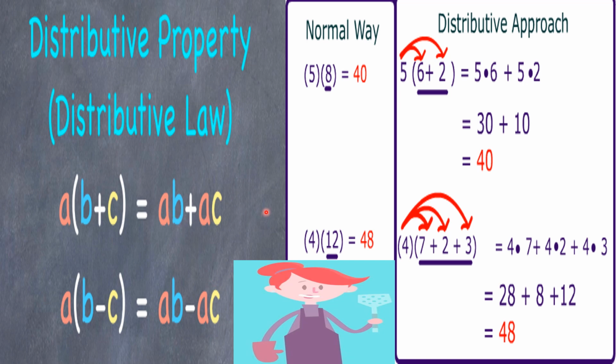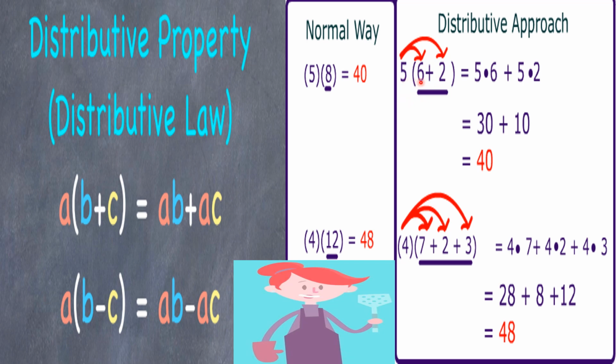Let us see this with an example. That is the normal way of representing. For example, 5 into 8 is written as 40. Now, I can represent this 8 in factor form. I can split this 8 as 6 plus 2. So my calculation becomes simpler, and this 5 is distributed to 6 and this 5 is distributed to 2 also.